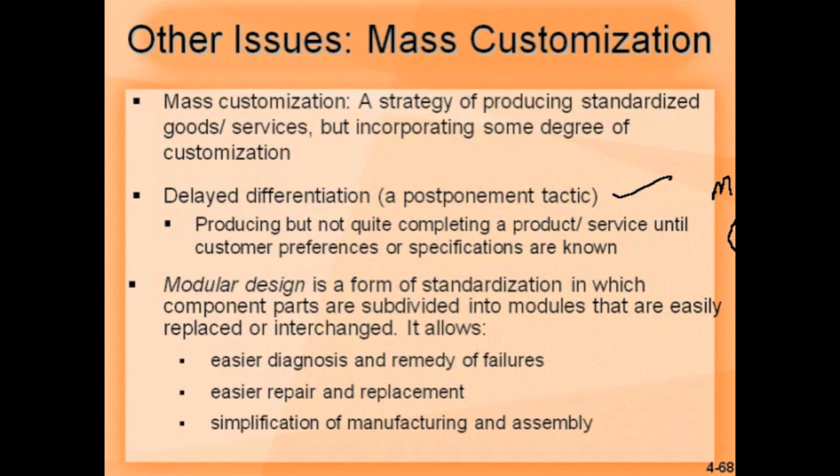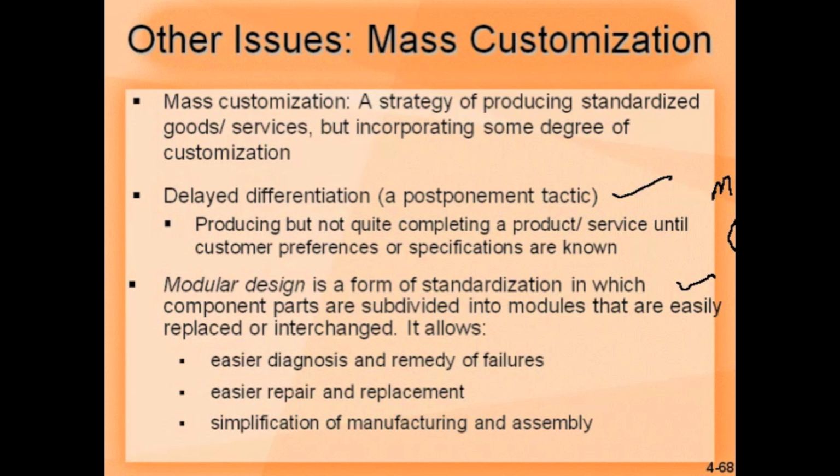Another method for mass customization is modular design, which is a form of standardization in which component parts are subdivided into modules that are easily replaced or interchanged. It's like in a car you have an engine. The engine is, you may say, one module, and then the transmission could be another module.